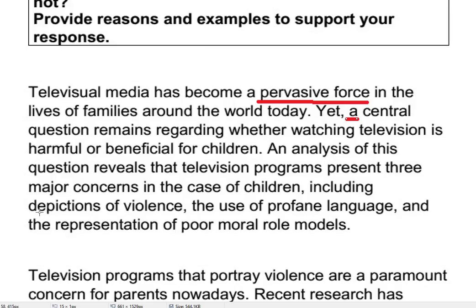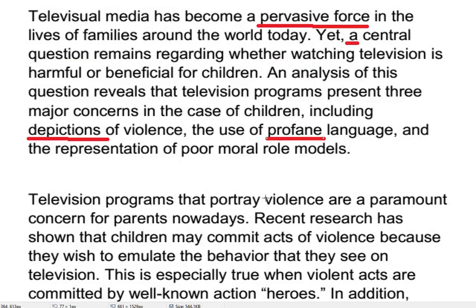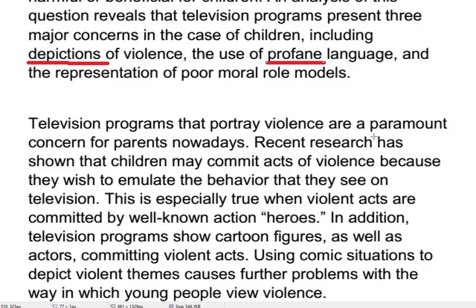Depiction is good. Profane is good. This paramount concern. Oh, those two words go well together. Emulate's good.